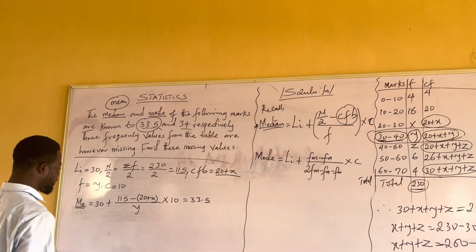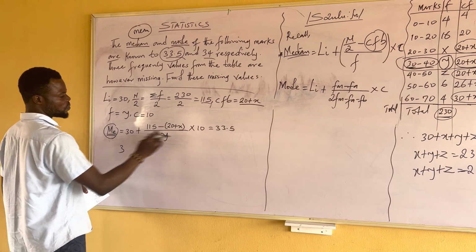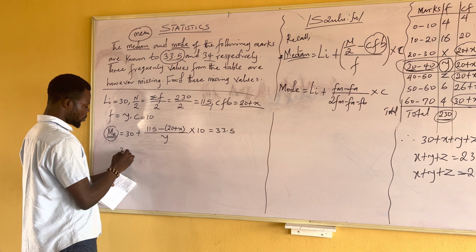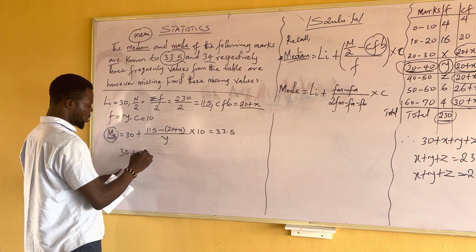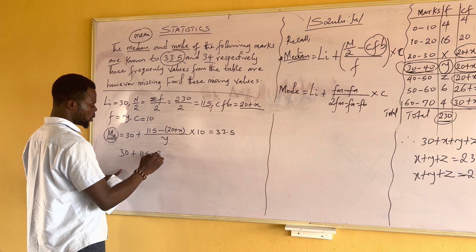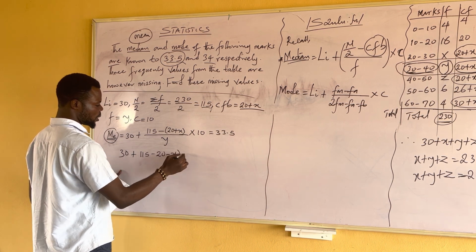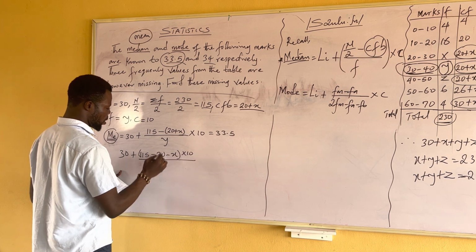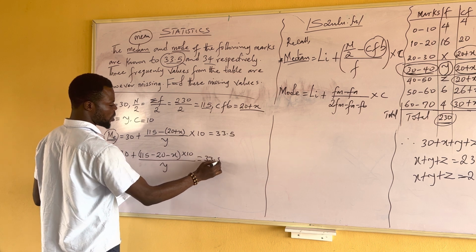Now let's simplify this. This will be equal to 30. We don't need to write this again, so far we've equated it to this. So 30, then plus 115 minus 20 minus x, times 10, all over y, equal to 33.5.